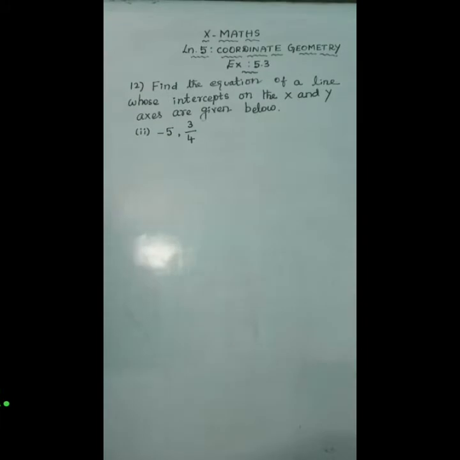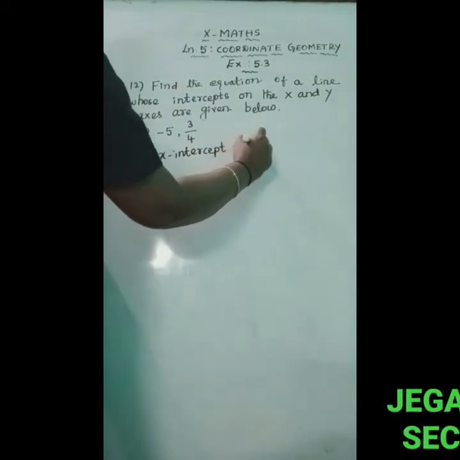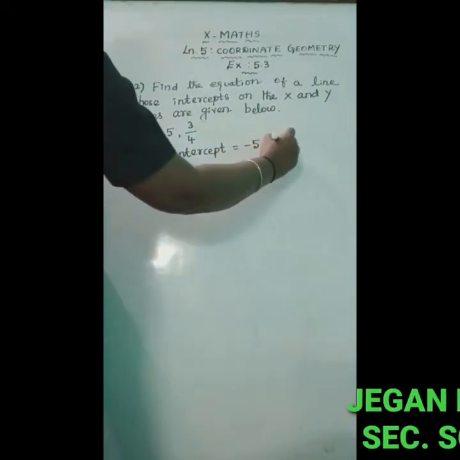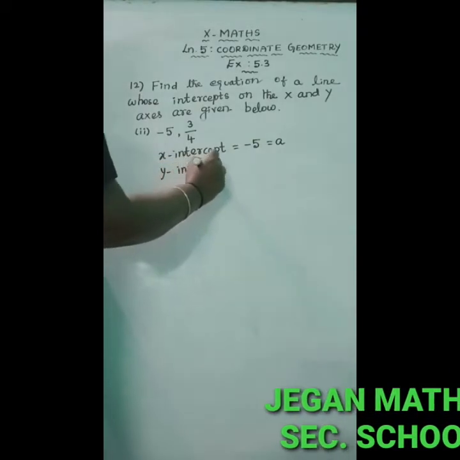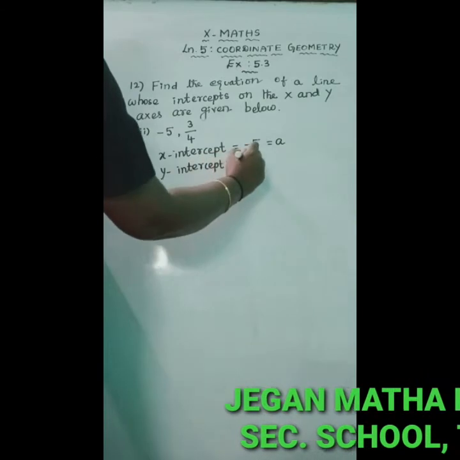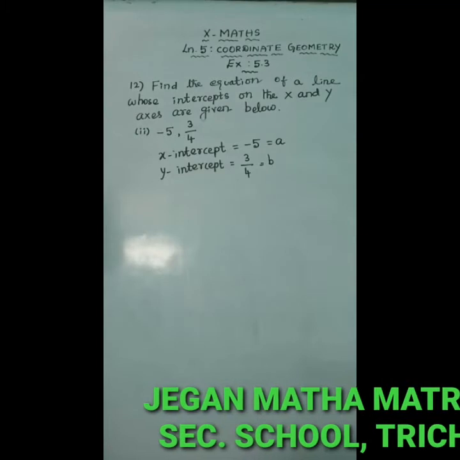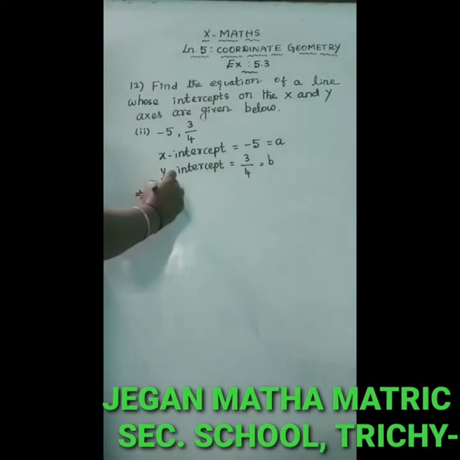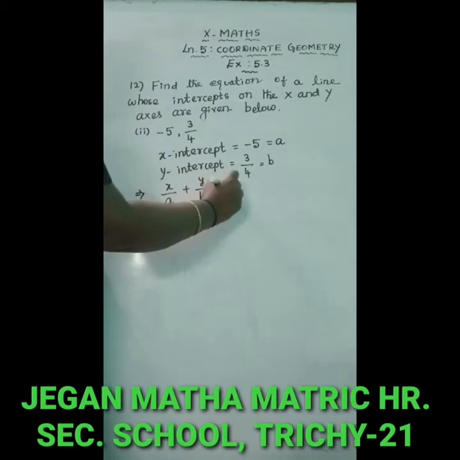The second sum is given: minus 5 comma 3 divided by 4. Here we consider x intercept is equal to minus 5, that is A. Then y intercept is equal to 3 divided by 4, that is B. So, the equation of a line in intercept form is x divided by A plus y divided by B is equal to 1.